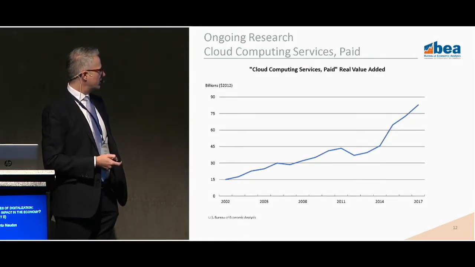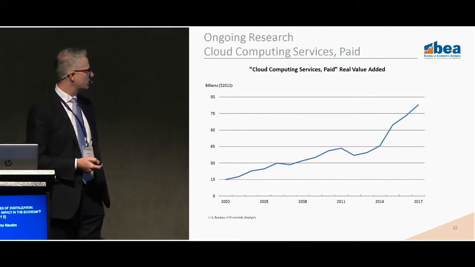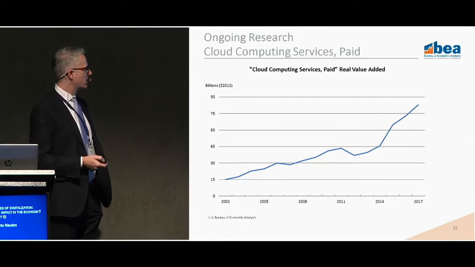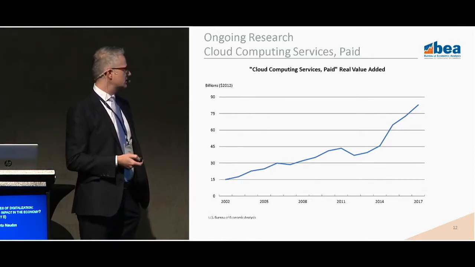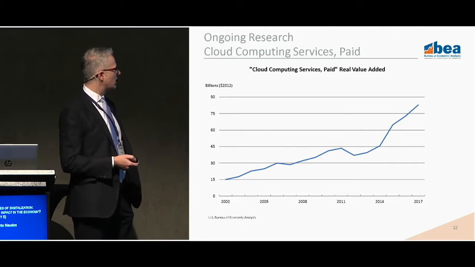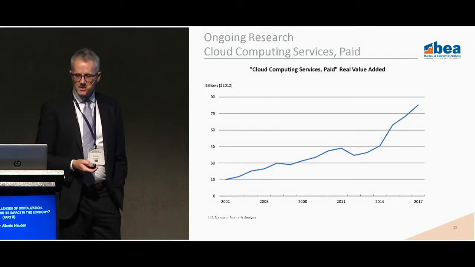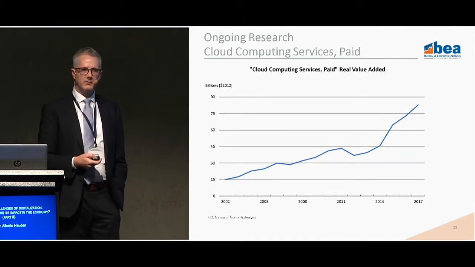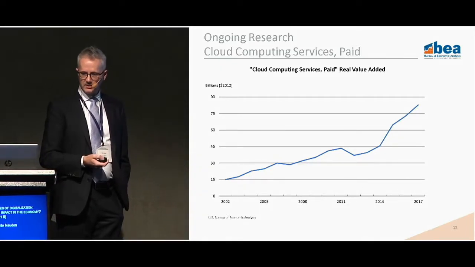And the preliminary estimates that we've come up with are shown here for real value added using a methodology that we've used for other digital components. About $15 billion in 2002 and has grown to just over $80 billion in 2017. The 2002, 2007, and 2012 estimates come from our economic census and the products that have been identified in those data.